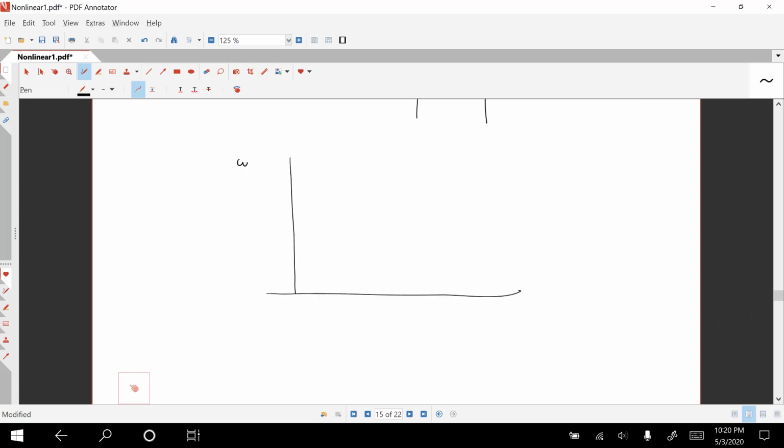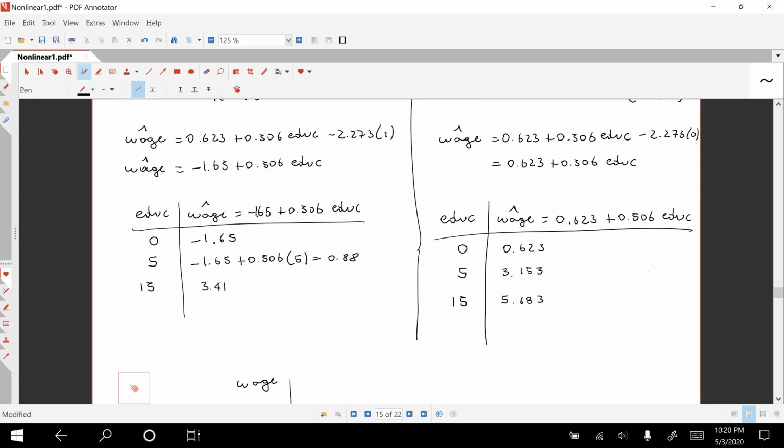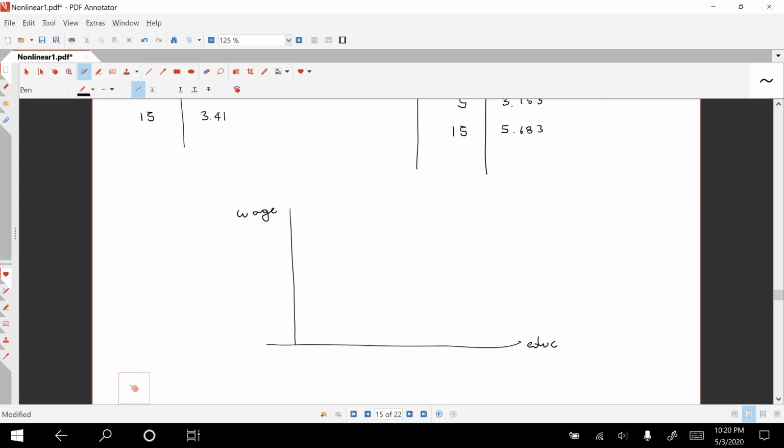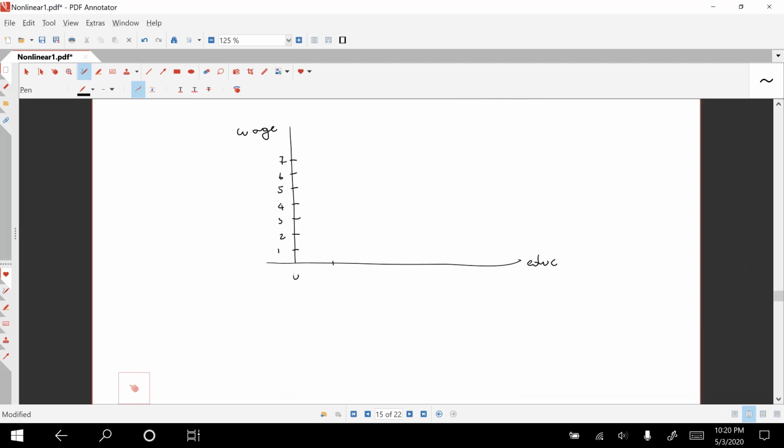The way to think about it is like if we had estimated the lines. Let's start with males. I'm going to write here 1, 2, 3, 4, 5, 6, 7 for wages, and 0, 5, 10, 15 for education.